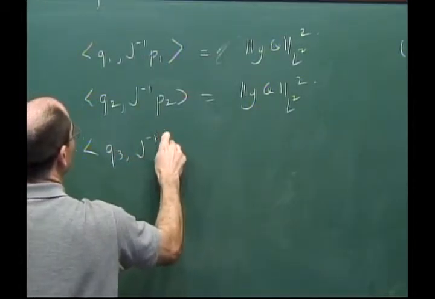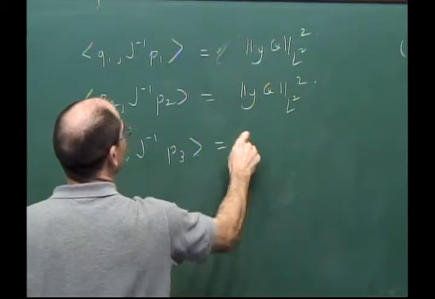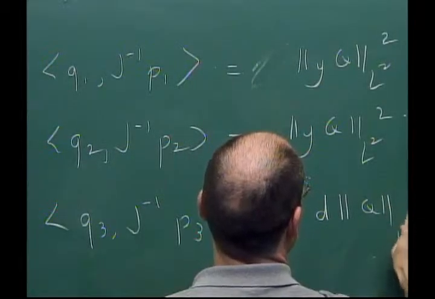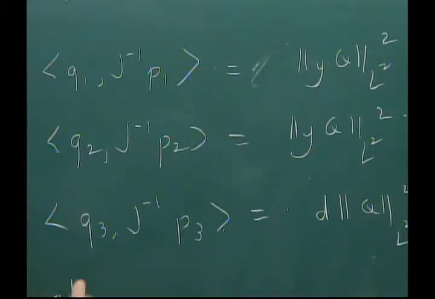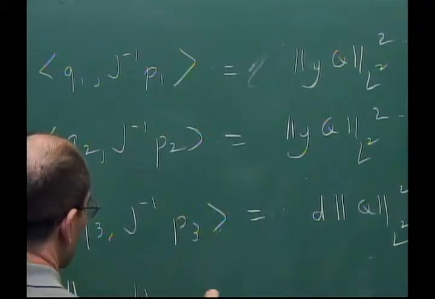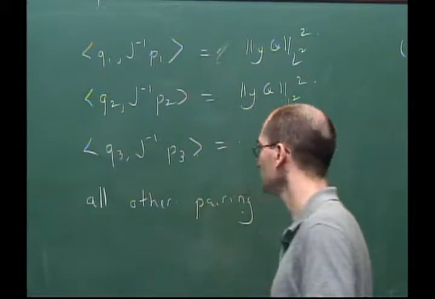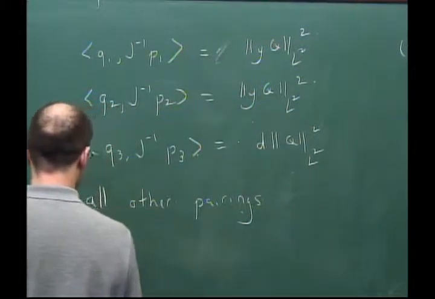Q3 paired with P3, then you get some number, and all other pairings with the J, has to be symplectic pairing, are 0.